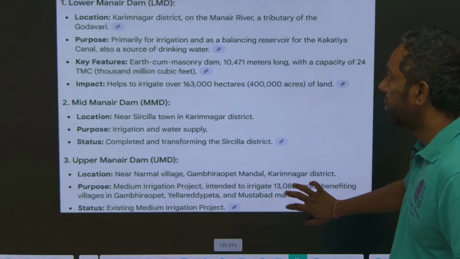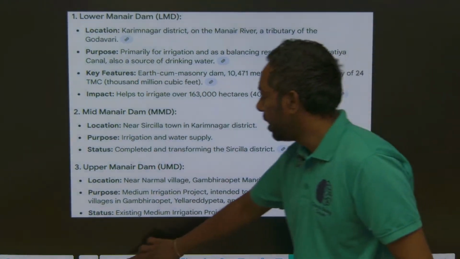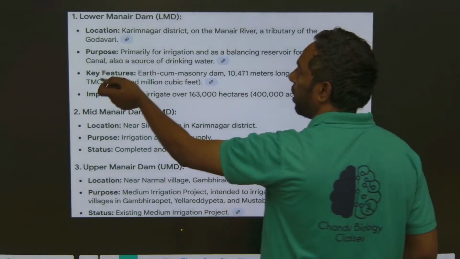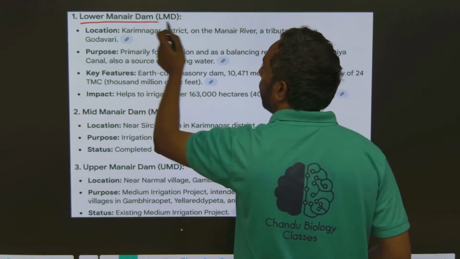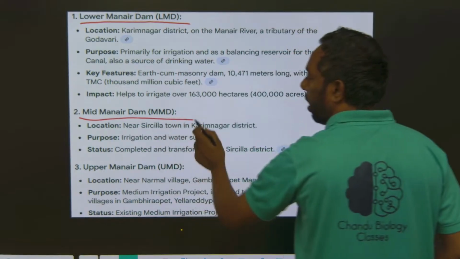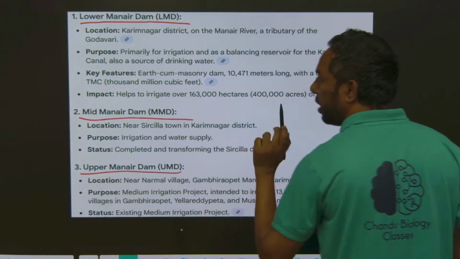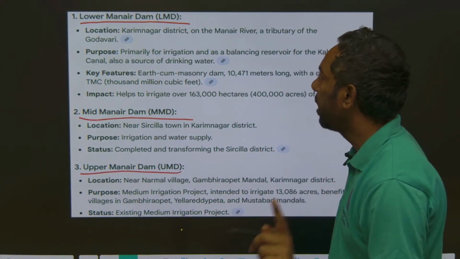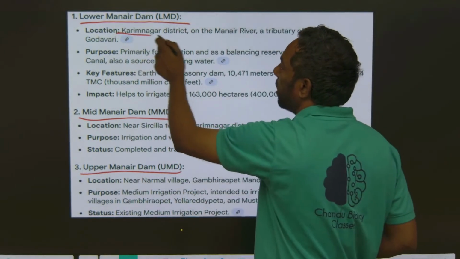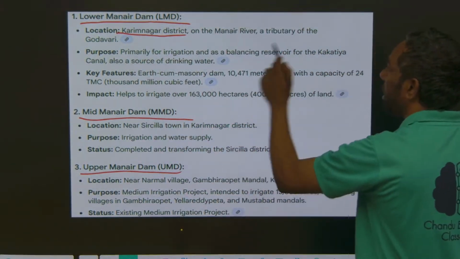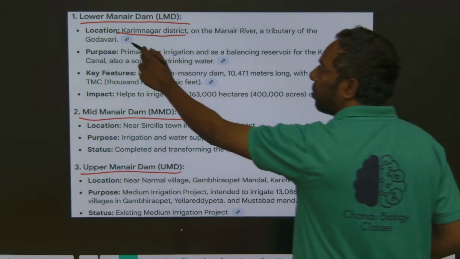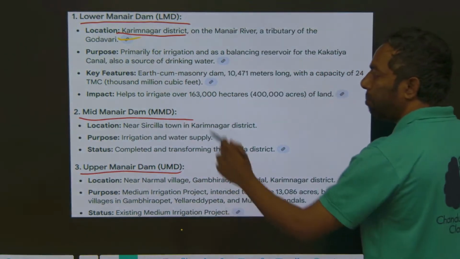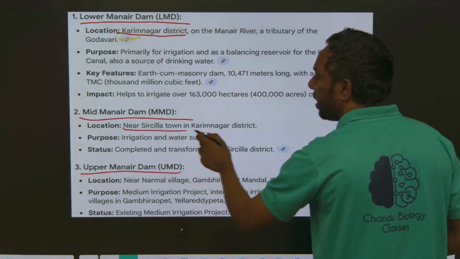This can be asked in the exam, guys. They can ask you the locations of Lower Maneru, Mid Maneru and Upper Maneru. Lower Maneru is in Karimnagar district on the Maneru river, a tributary of the Godavari. Mid Maneru is near Sirsilla town.